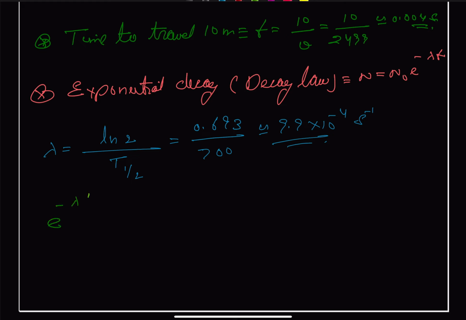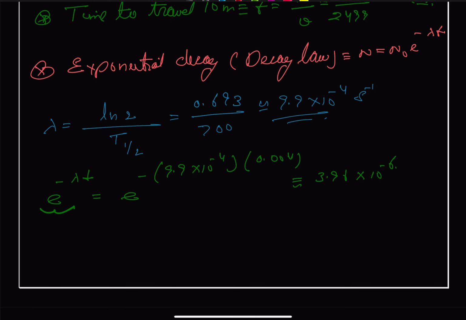So e raised to power minus lambda t will be equal to e raised to power minus 9.9 into 10 to the power minus 4, and our t is 0.004, and this approximately will be equal to 3.96 into 10 to the power minus 6, and this particular, that is e raised to power minus lambda t, is the representation of the fraction remaining.